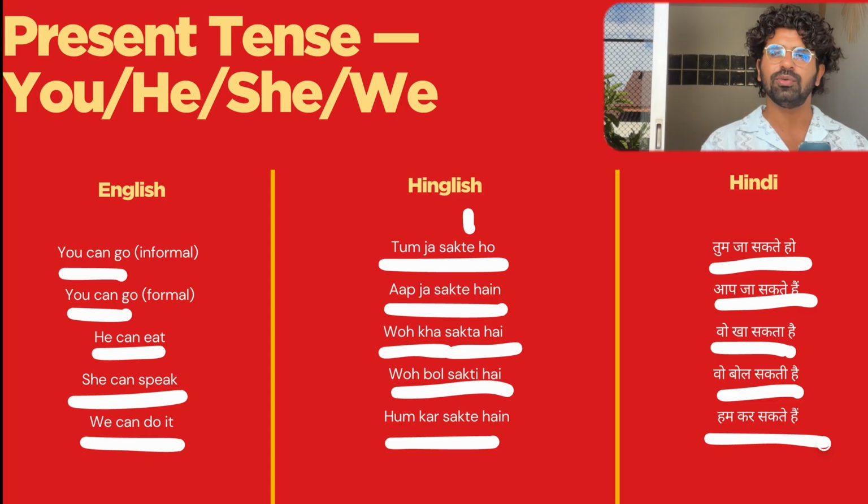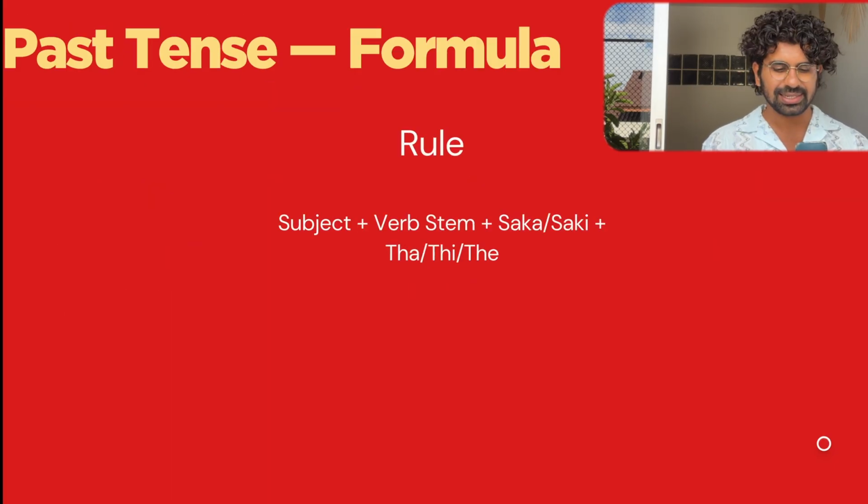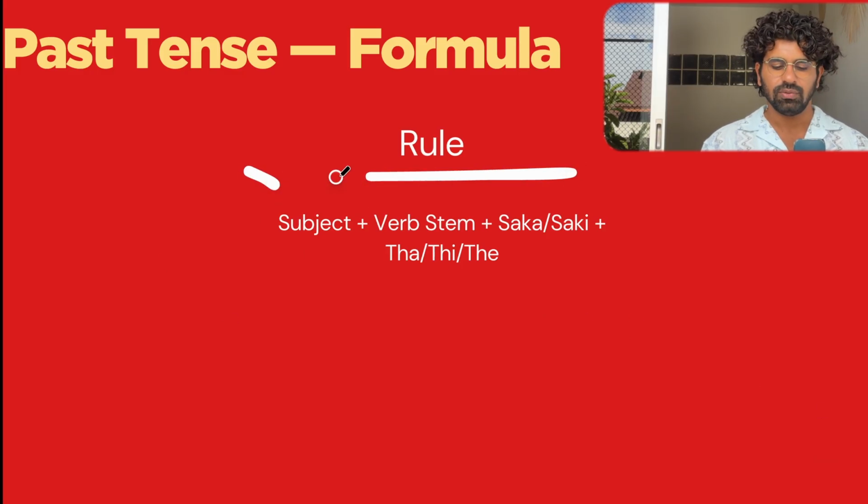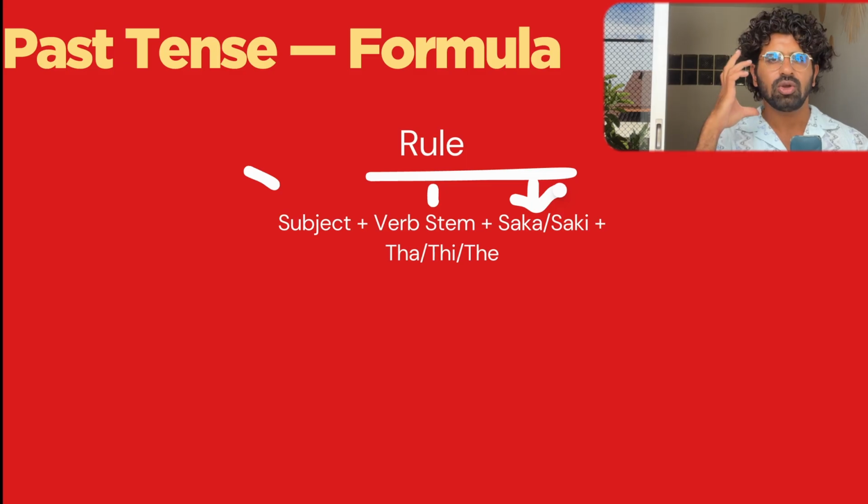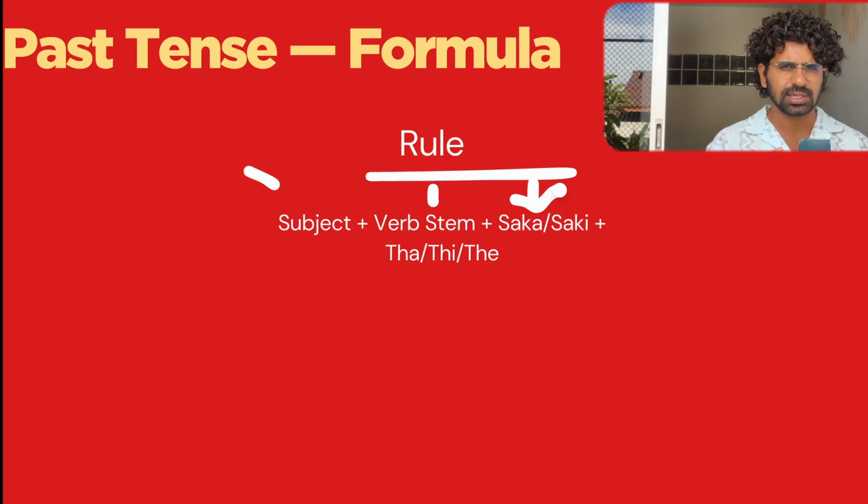So now we'll be moving on to the next tense, which is past tense. First thing we need to do is know the formula. The formula is the rule, right? Okay. So same thing. We have the subject, which we had in present tense as well. We had the verb stem that we had in present tense as well. The only thing that has changed, the two things. First, sakna has changed its conjugation for the past tense, right?